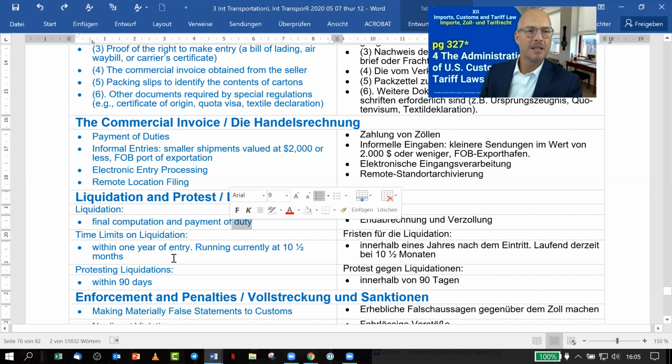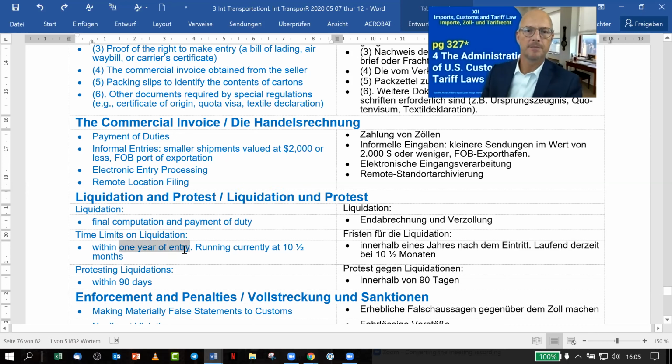You have some time limits, for example, 1 year after the entry, and you have at least to pay this. This is a time limit. And if you don't want to pay these tariffs, you can protest the liquidation within 90 days. You can say, no, it's too high, or there was a wrong classification.